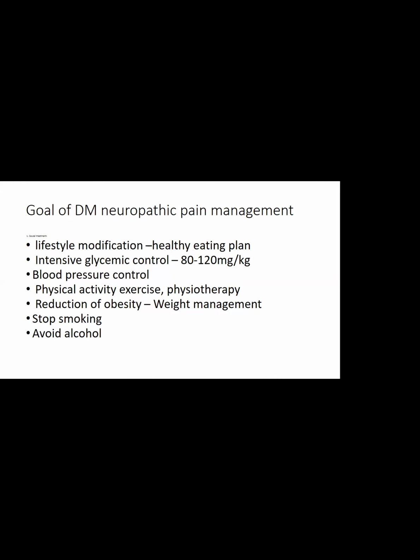So intensive glycemic control is very important, and a blood sugar in the range of 80 to 120 milligrams should be achieved. Then the blood pressure should also be controlled.